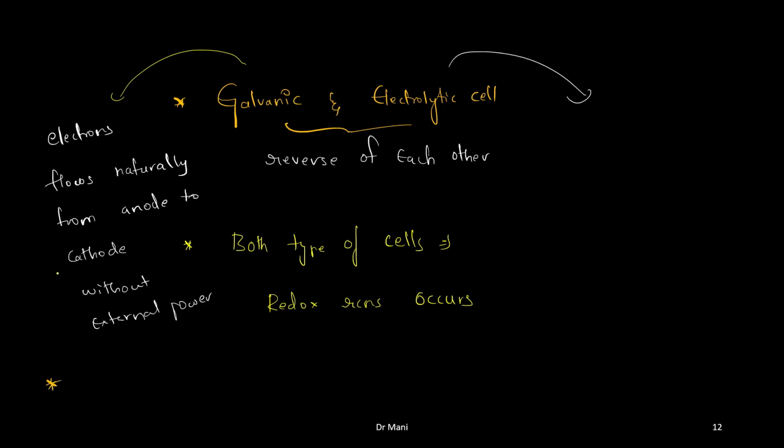So in the galvanic cell, negative anode and positive cathode. In the electrolytic cell, positive anode and negative cathode.